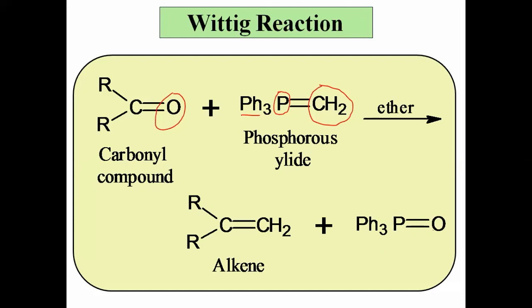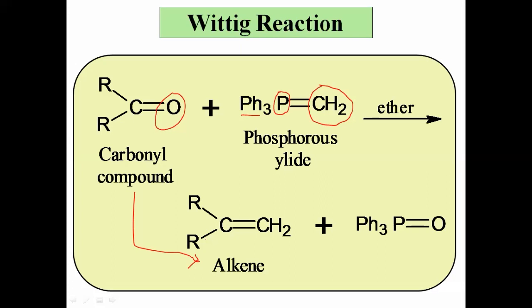Thus in this reaction, our carbonyl compound, our aldehyde or ketone, is converted into the corresponding substituted alkene. Why is it substituted? Because that double bonded carbon has 2 alkyl groups, therefore it is a substituted alkene. In this reaction, a carbonyl compound, that is an aldehyde or ketone, when treated with the phosphorus ylide in the presence of ether, we get the corresponding substituted alkene.